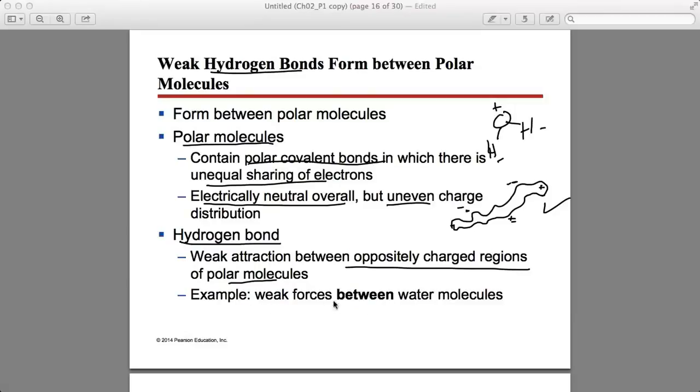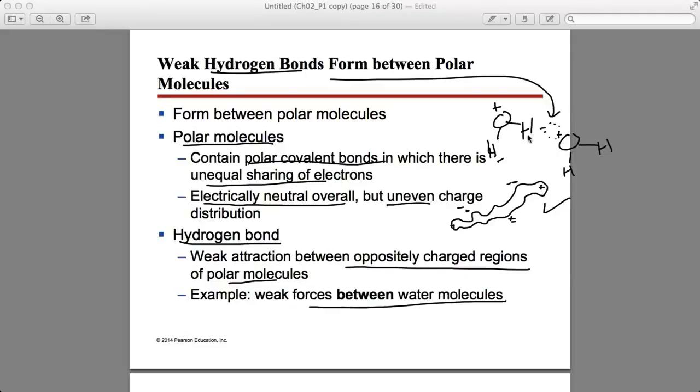A good example of this is the forces that keep water molecules together. So if we go back to our example here with water, you might have another water molecule here with oxygen and its two hydrogens. And these slight negative and positive charges can form hydrogen bonds. So here's an example of a hydrogen bond. It's not a covalent bond.